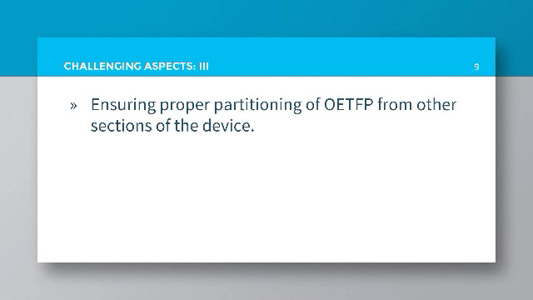Another challenging aspect of the solution for blue snarfing is ensuring the proper partitioning of the system files from the OBEX FTP surface area, because the architecture for each mobile device can be very different, and this partitioning method would have to be variable enough to be applied properly to every possible device that can have compromised information.